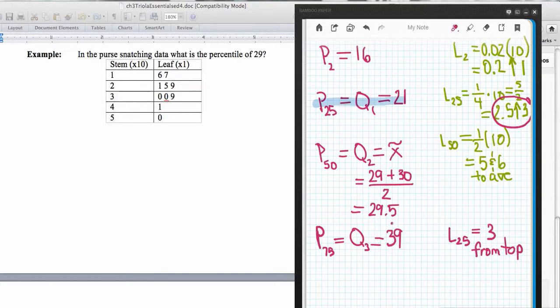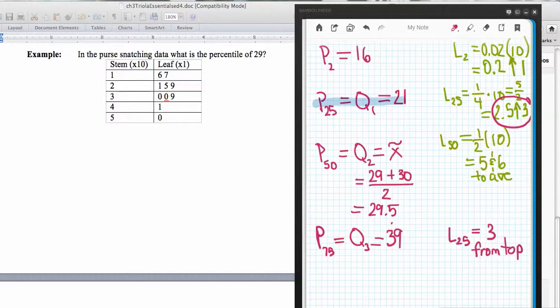Now, one more time, I want to mention that this is just one algorithm for finding the percentiles and quartiles. It is the algorithm that I use in my courses, and this is the one that I expect my students to know, regardless of how the book that I happen to be using in my classes defines their algorithm.